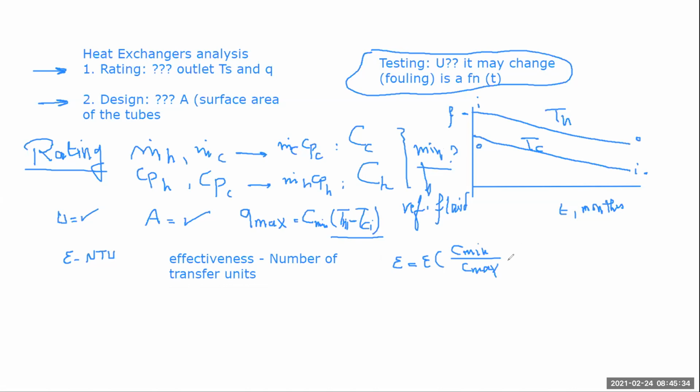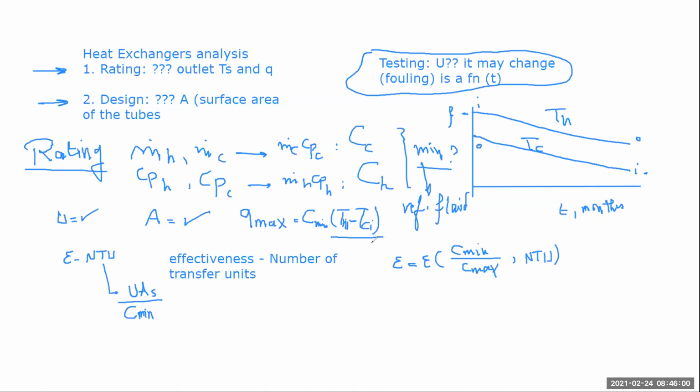So epsilon is given as a function of C minimum over C maximum and the number of transfer units. What is the number of transfer units? It is basically the overall heat transfer coefficient for the heat exchanger times the surface area divided by C minimum.